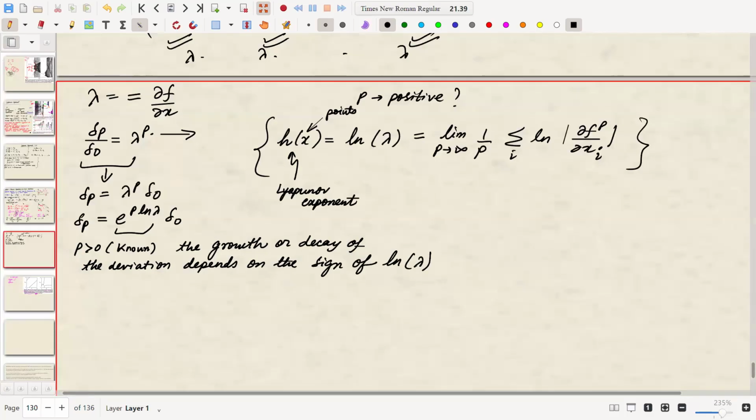Don't you think? P is already positive. P can't be negative. P is a period, so P has to be positive.